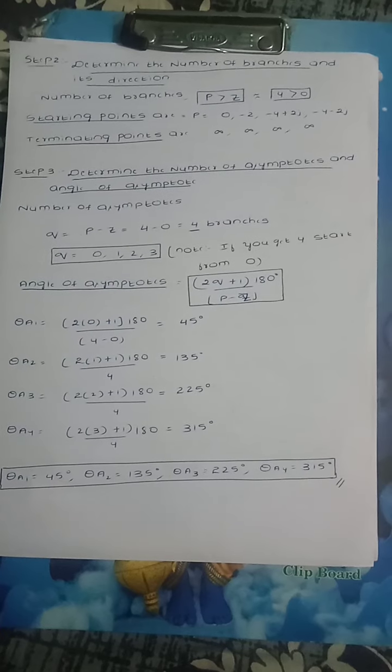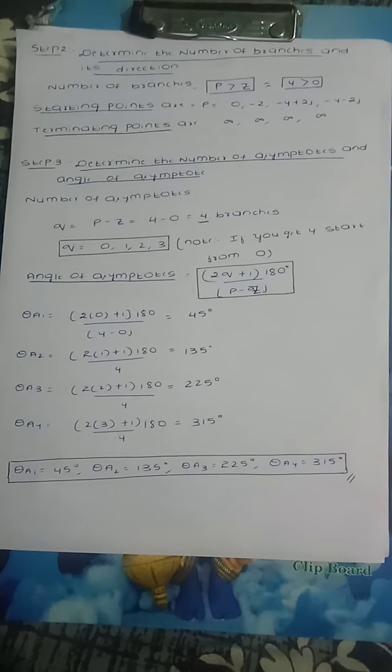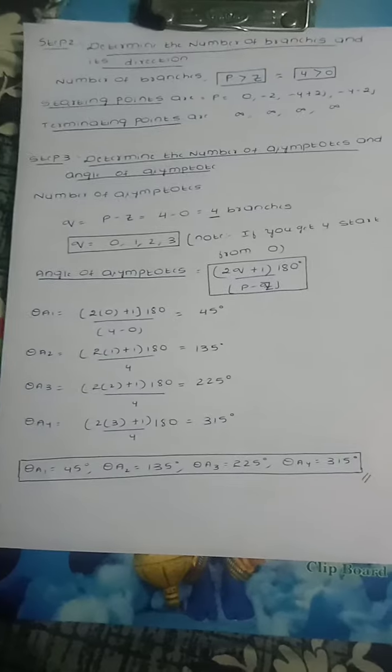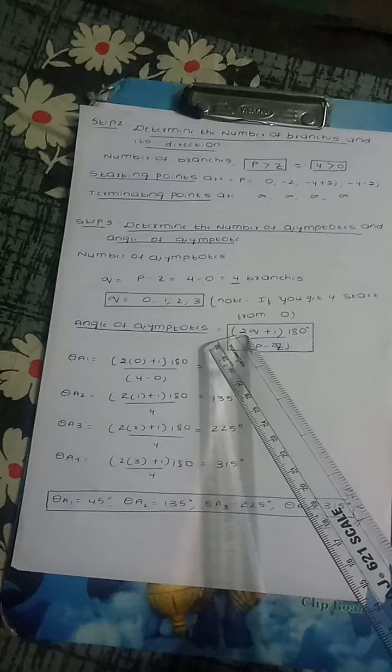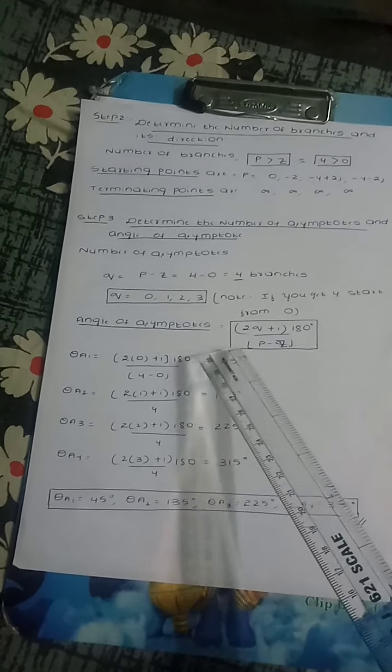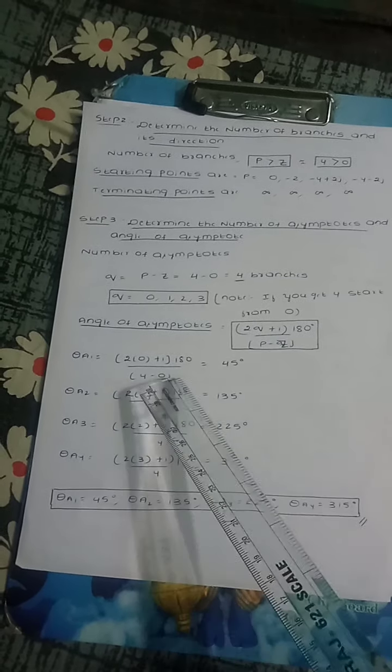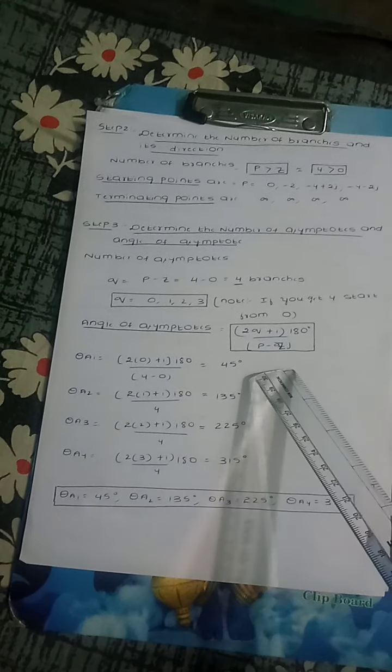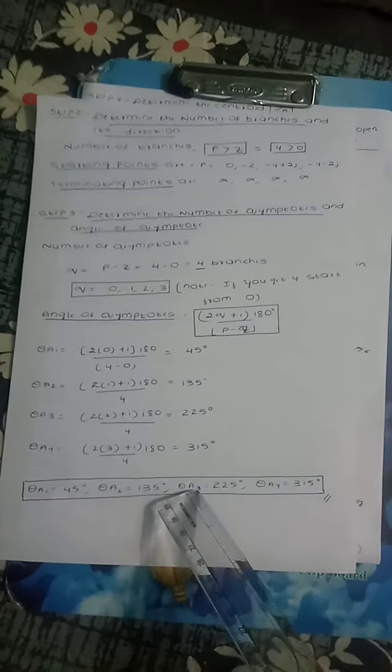Angle of asymptote is determined by (2q plus 1) into 180 degree divided by P minus Z. So theta a1, you substitute the q value first 0, and 180 is a number, and P minus Z is 4 minus 0 is 4, so everything will remain the same, only change the values of q. q is equal to 0 gives one value, q is equal to 1 gives one value, q is equal to 2 one value, q is equal to 3 one value. So you will get 4 angles of asymptotes, theta a1, theta a2, theta a3 and theta a4, which completes step number 3. Next, let us move on to step number 4.